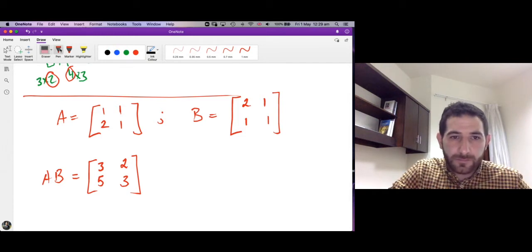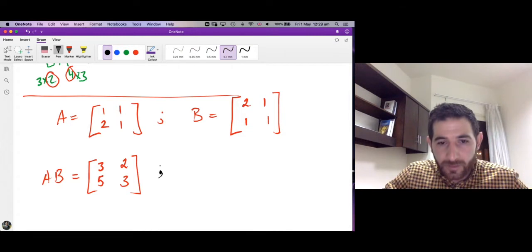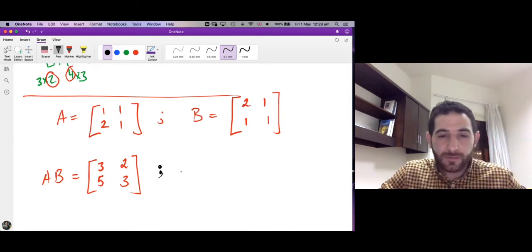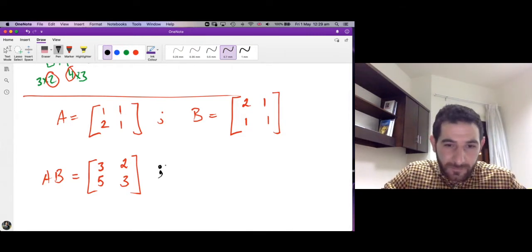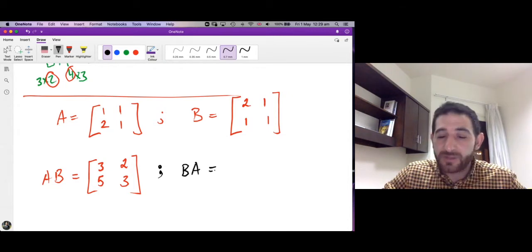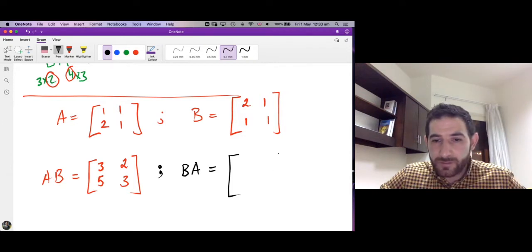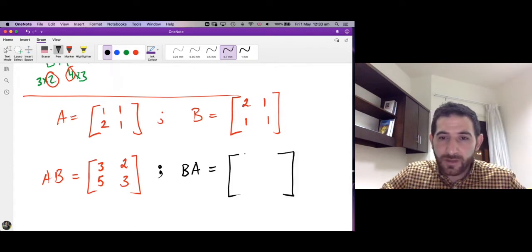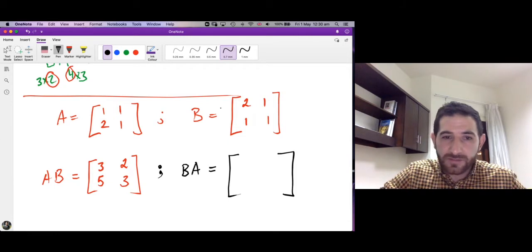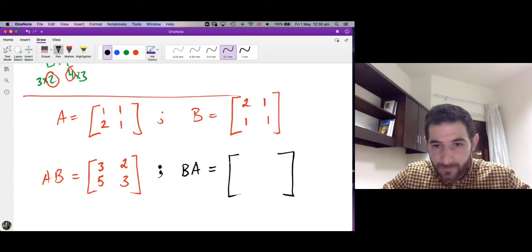Now, the moral of the story of this example is, let's compute B times A. We can compute it here, it's defined. But how do you compute B times A? First you look at the first row in B times the first column in A. So 2 times 1 is 2, plus 1 times 2 is 2, 2 plus 2 is 4.